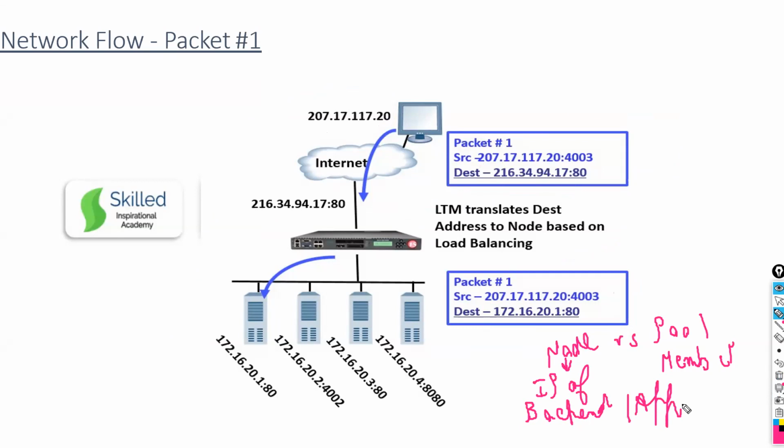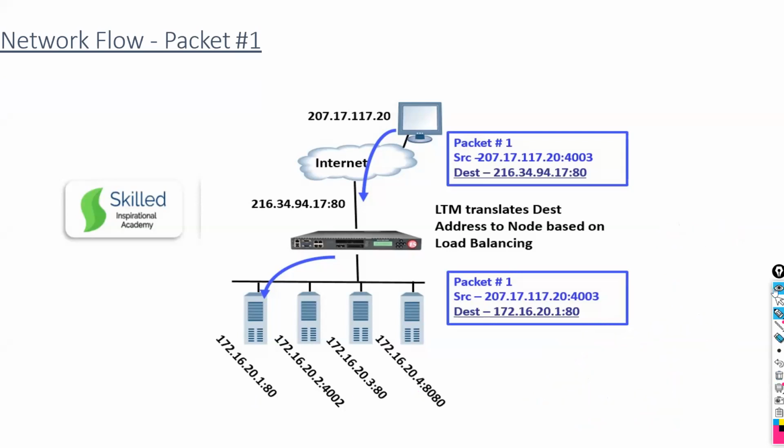All are the same term. And a pool member is an IP plus port. Generally, when you deploy any application, guys, it will listen on some port, right? Here, can you see? You have one port 80, one port 8080, one port 4002. So that is the difference between a node and a pool member. Don't worry, guys. We will discuss everything in detail.